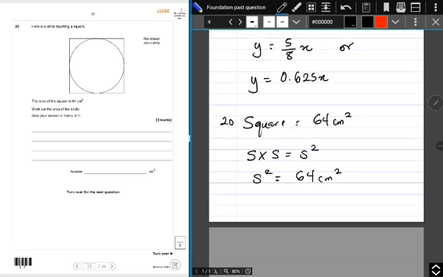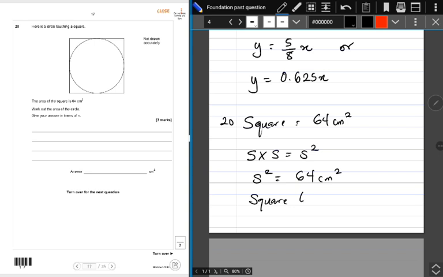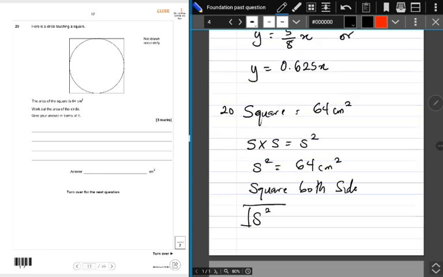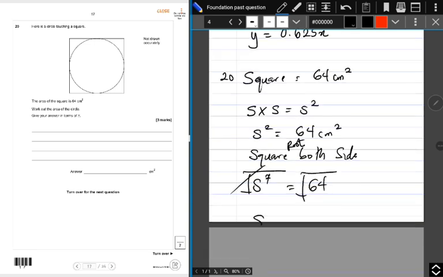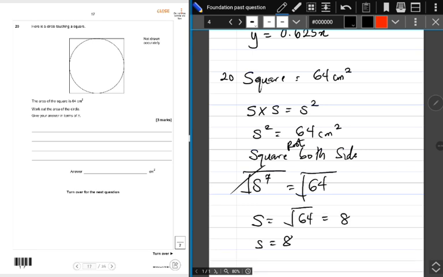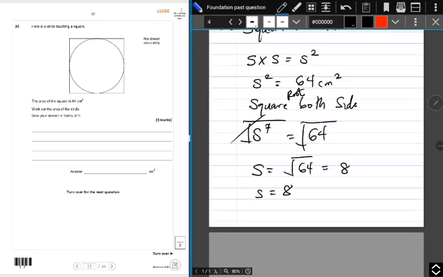So for us to get the side, we square root both sides. Square root of 64, this will cancel this. So we're having x equals the square root of 64, which is going to be 8. So s equals 8.